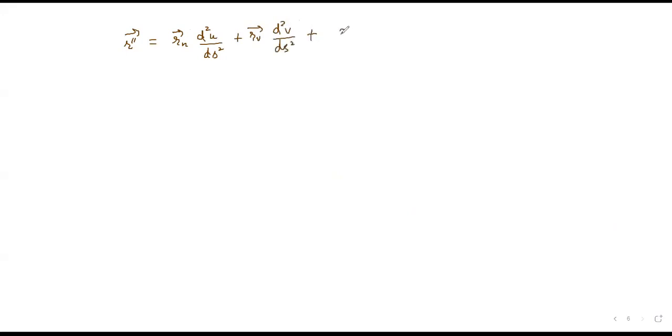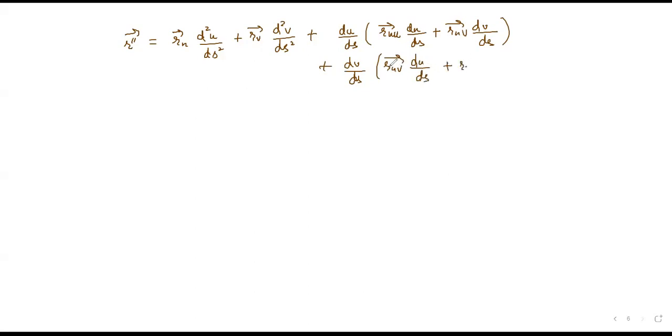Then I should have du by ds multiplied by r sub uu into du by ds plus r sub uv into dv by ds, plus इसी तरह से dv by ds into r sub uv into du by ds. I think so, yes. R sub वैसे vu होना चाहिए, but mixed partial derivatives are equal because second order partial derivatives are continuous. तो should be r sub vv into dv by ds.